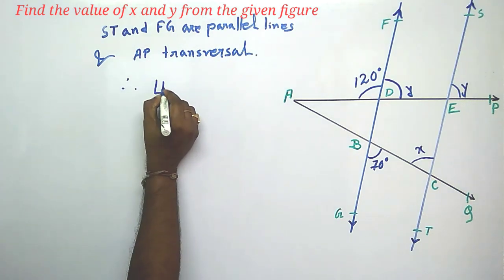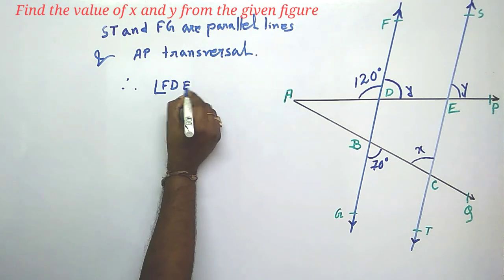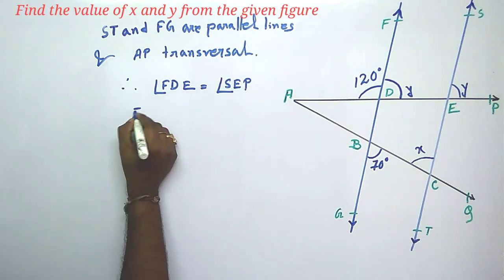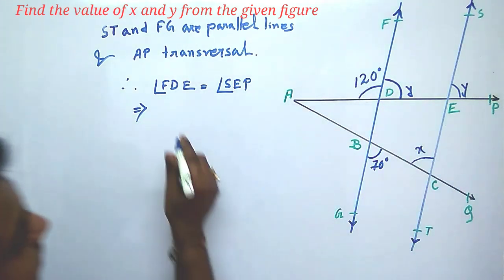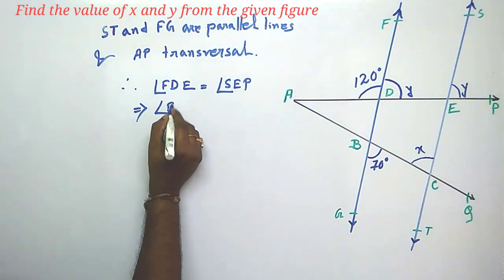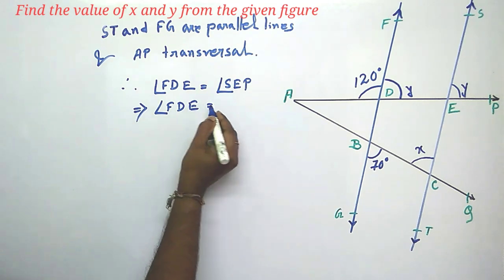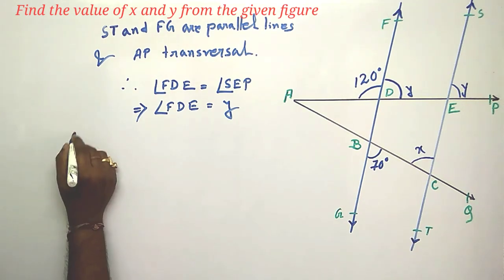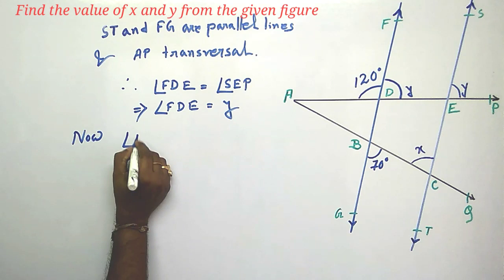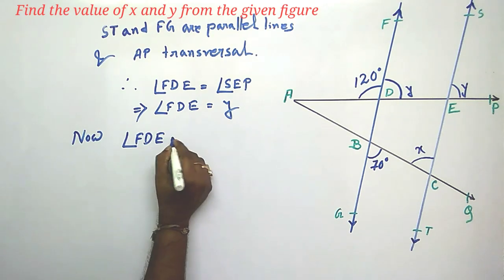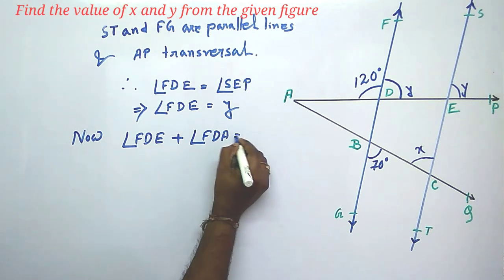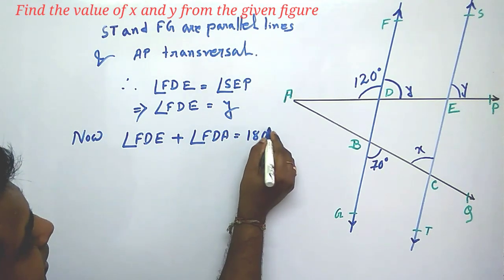So what we can write? Therefore, angle FDE equals angle SEP. This means value of FDE what? FDE equals y. Value of ACP is already given there. Now, angle FDE plus angle FDA equals 180 degree.